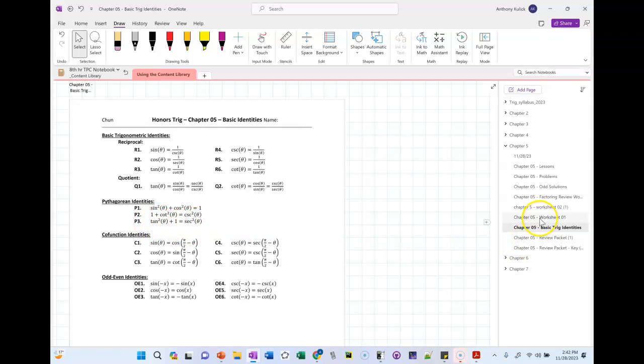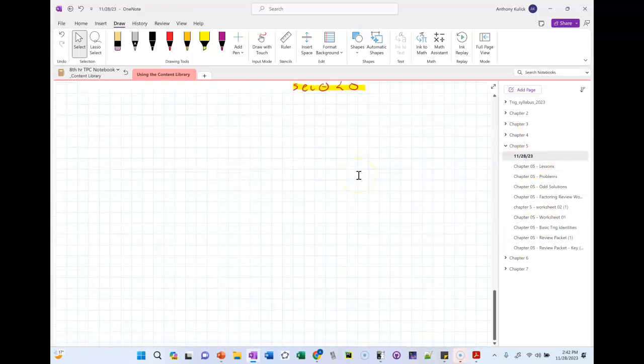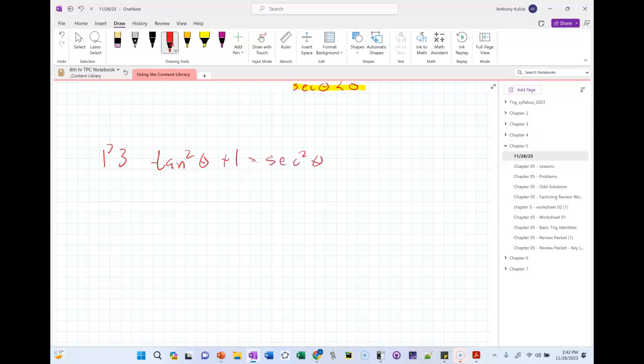That's what I want. In the problem, they tell me that tangent is 3. 3 squared is 9 plus 1 is 10.